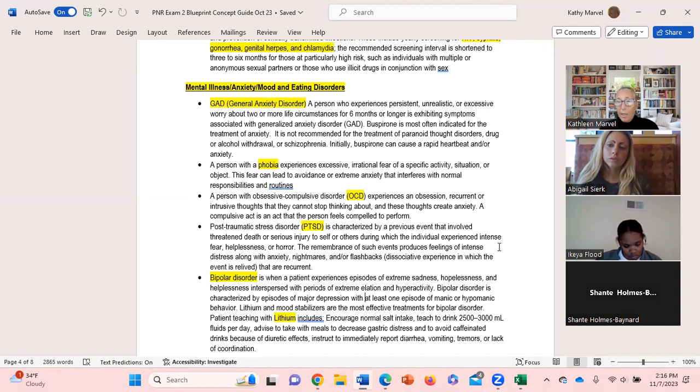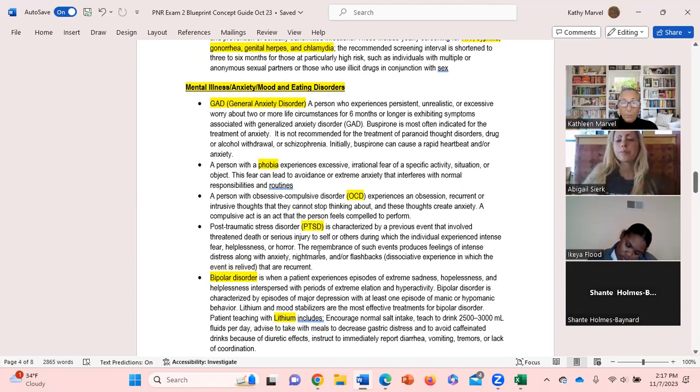You have to be able to take a scenario and say, oh, that's a client with OCD. Oh, that's a client with PTSD. They all have their own specific descriptions. Bipolar experiences extreme sadness with hopelessness, helplessness, with also periods of extreme hyperactivity and elation.